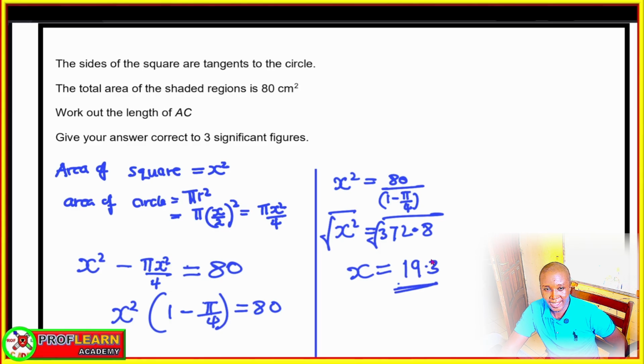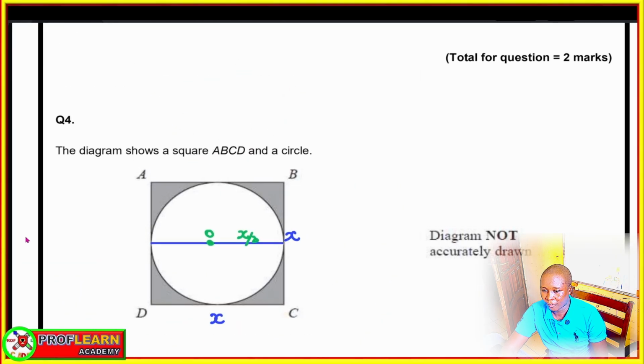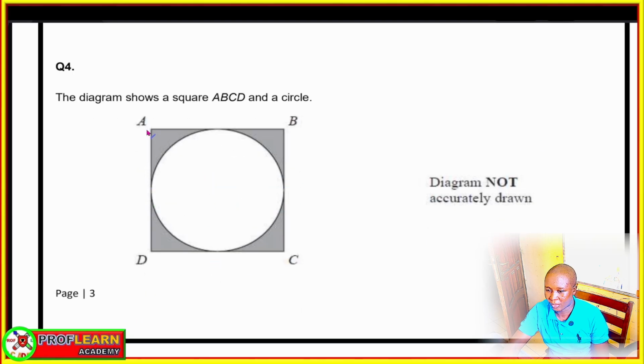Now this is the side of a square, but we were asked to find the length AC, and AC was the diagonal. Let me show you. AC is the diagonal, so I will have to remove this so that you can draw AC.